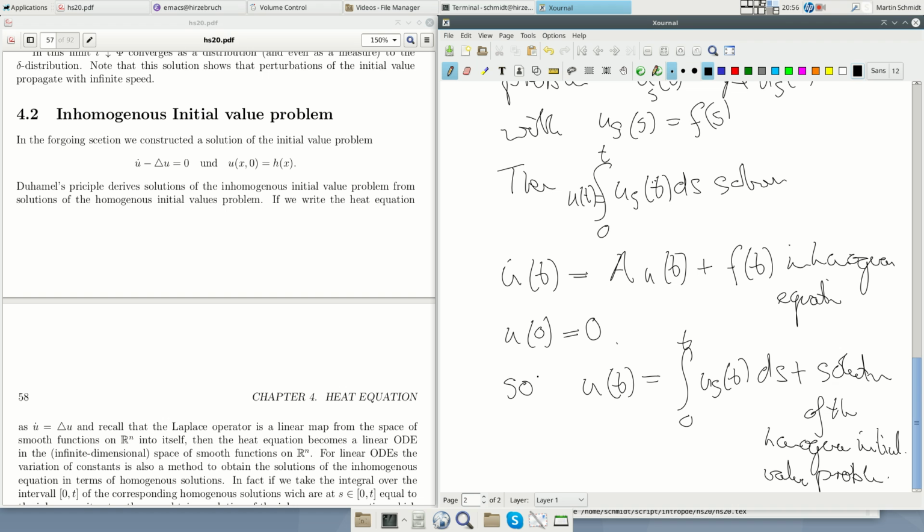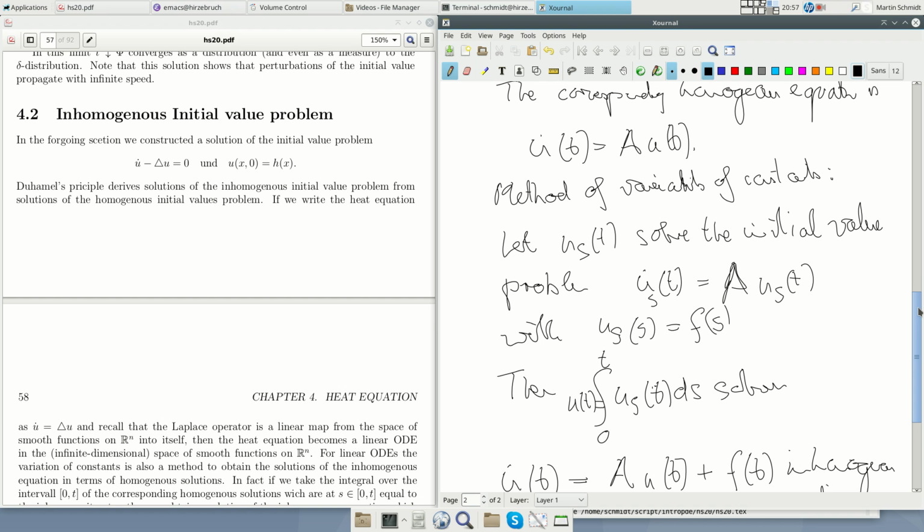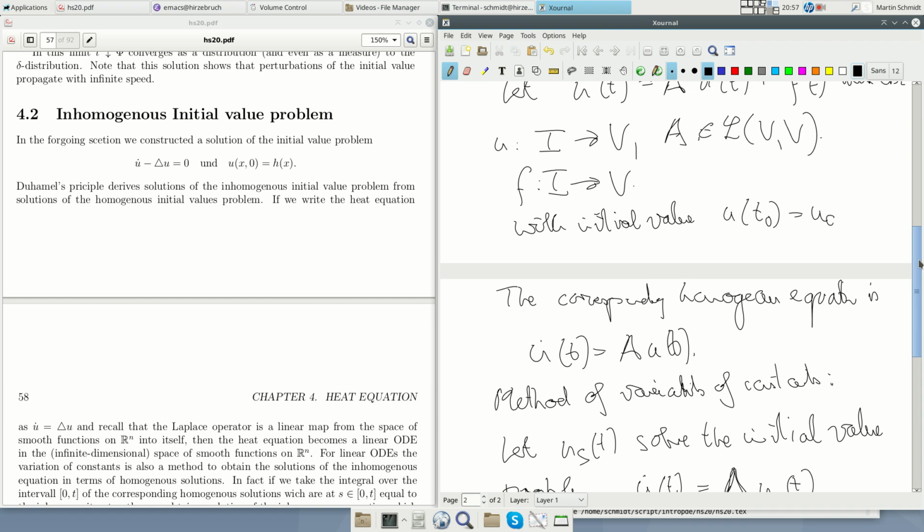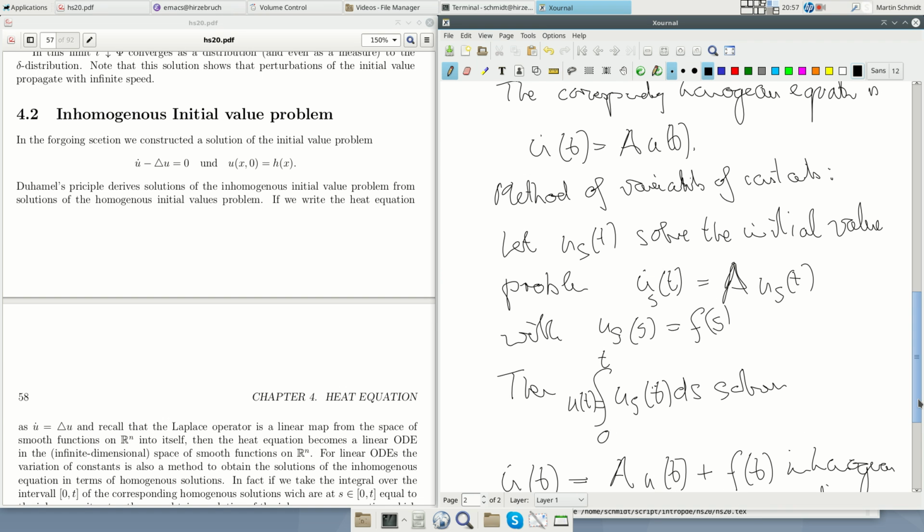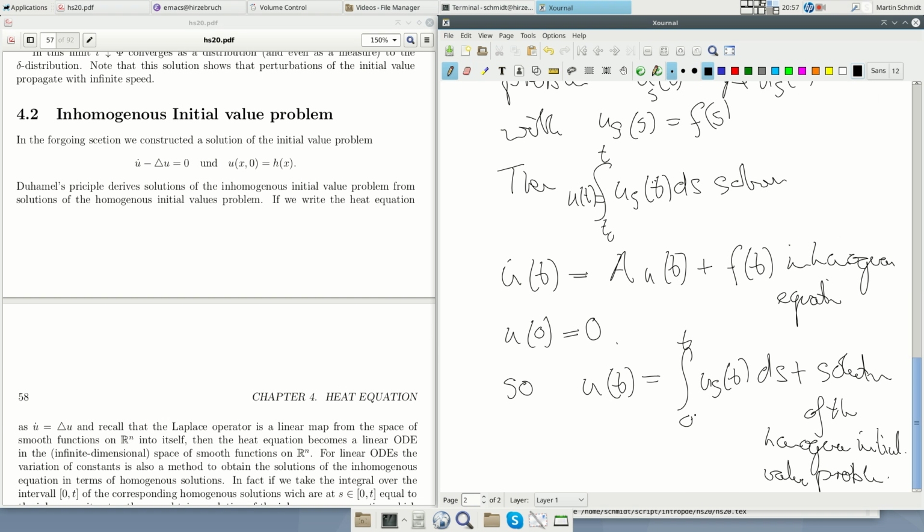This then solves the whole initial value problem. Moment. For general t0, I should write t0 here, and here also.